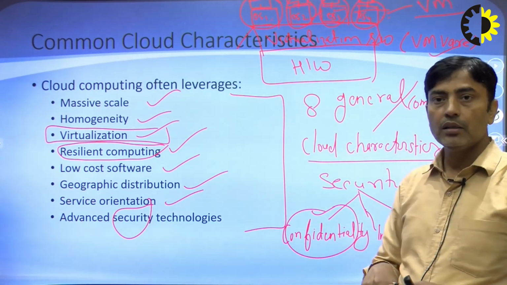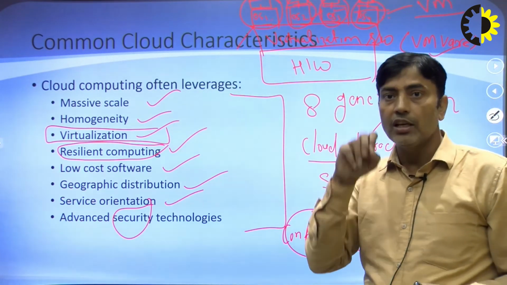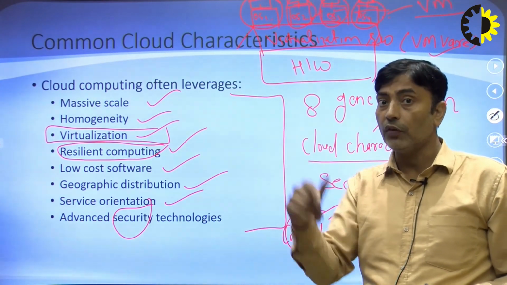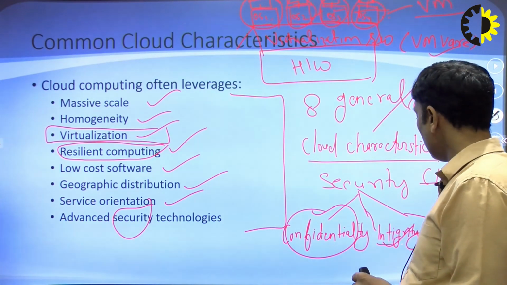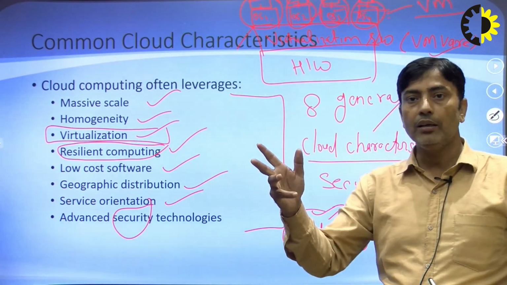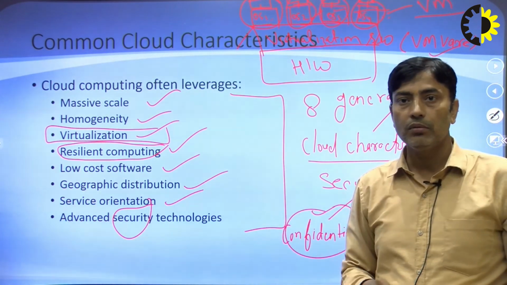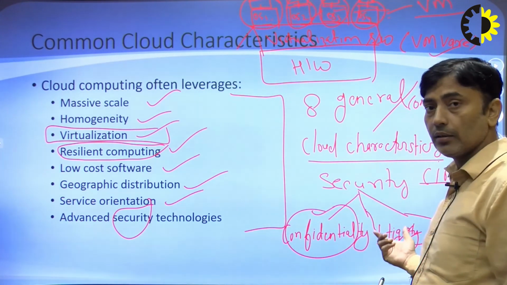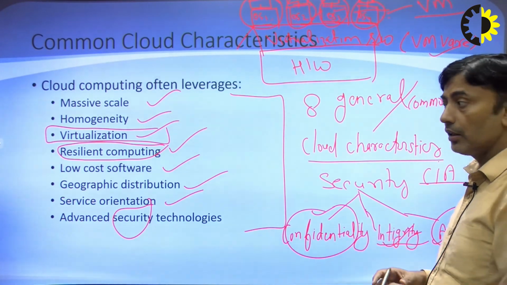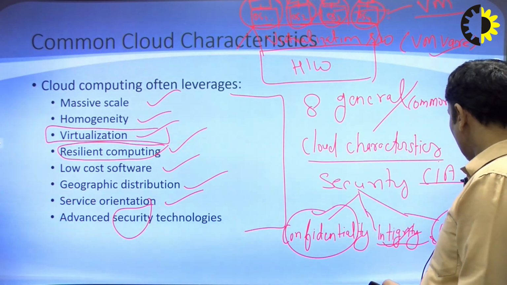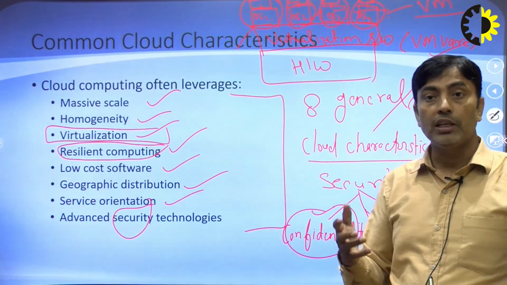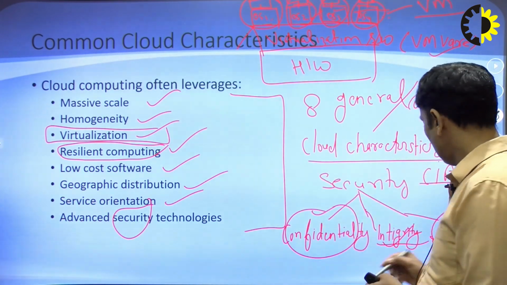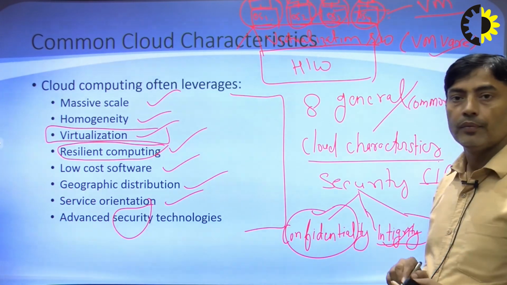Some attacks target confidentiality, meaning an unauthorized user can access the data. For integrity, the data is changed during communication. Similarly, the denial of service attack, a very famous attack, targets availability.